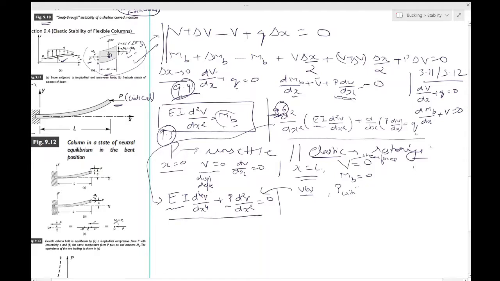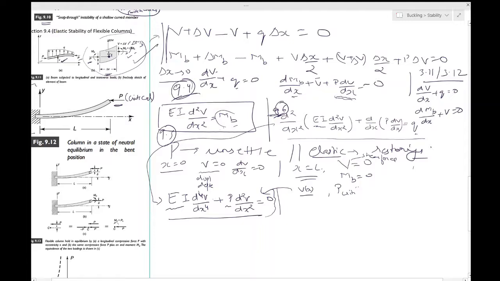Okay, because at the critical position you are still in equilibrium, and that is what we want to exploit. Yes, beyond that we won't be. And then there are these boundary conditions which we have just noted.